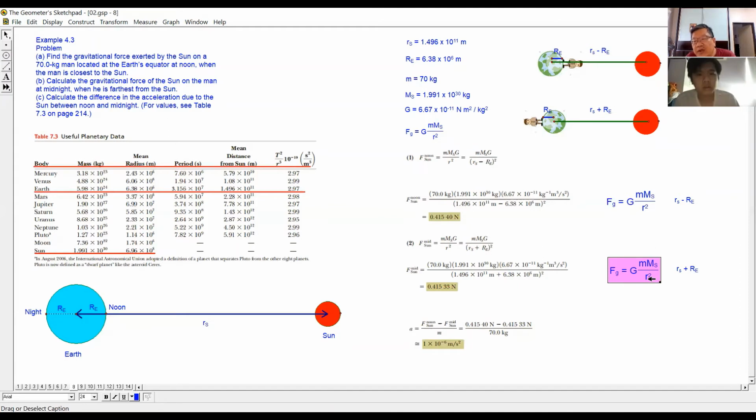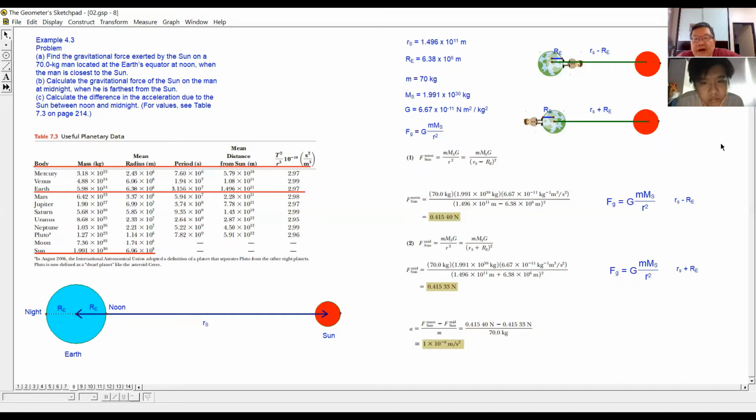This distance between them during the night is actually Rs plus Re, because it's further away. During the night time it is further away, so you add Re. In the morning, he's nearer to the sun, he's facing the sun, so you subtract the Re, the radius of the Earth.